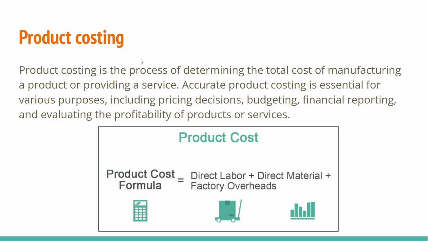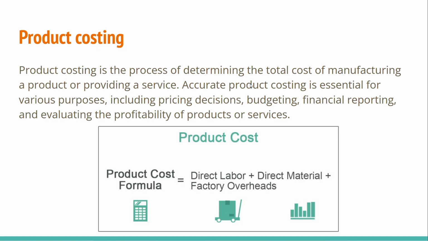Product costing. Product costing is the process of determining the total cost of manufacturing a product or providing a service. Accurate costing supports pricing decisions, budgeting, financial reporting, and evaluating the profitability of products or services.